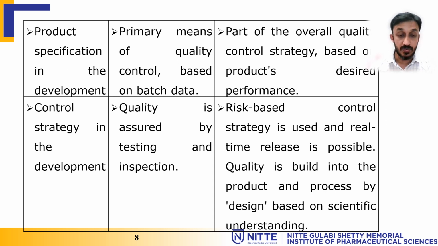And we look into the control strategy in the development. Quality is assured by testing and inspection in the current scenario, whereas in QbD a risk-based control strategy is used and real-time release is possible. Quality is built into the product and the process by design based on scientific understanding.